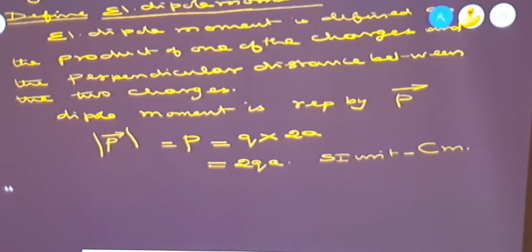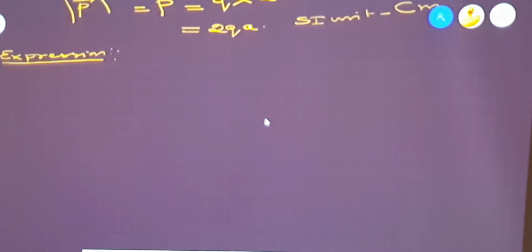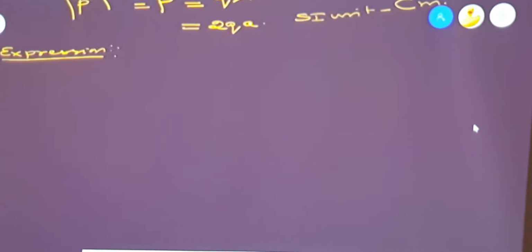We can derive it. So let us see how we can get that expression, P equal to Q into 2A. Let us again consider the diagram.